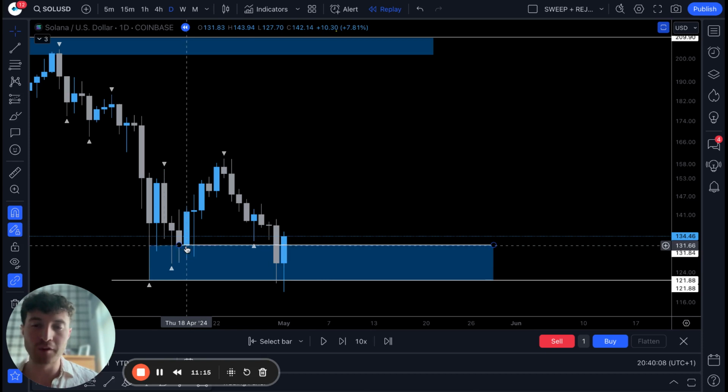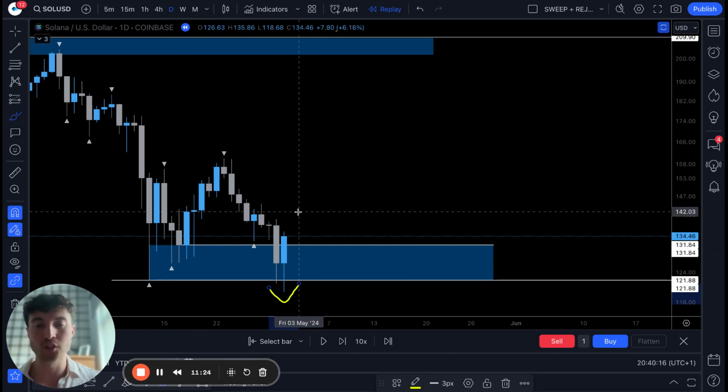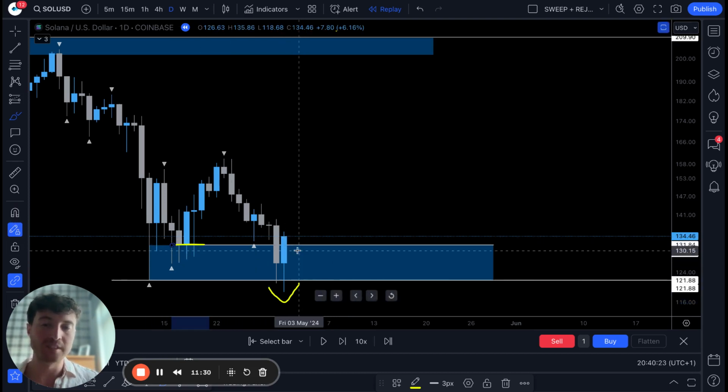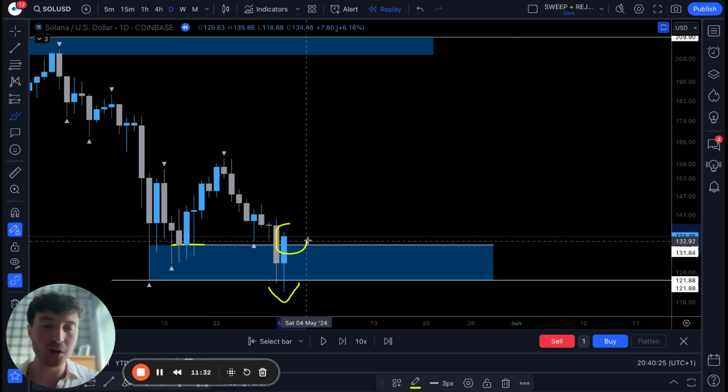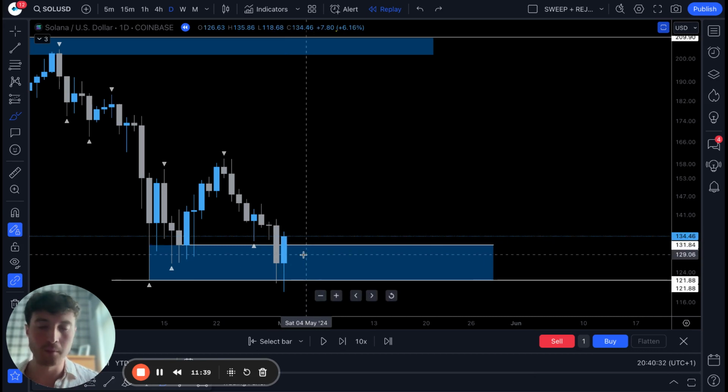If we can close above here, then we can classify this as a deviation, and this is now a reclaim. So the bulls have managed to reclaim this area because we failed to close below here, and we've now deviated and we can close back within this range. Therefore, this should classify as the new floor within the market.